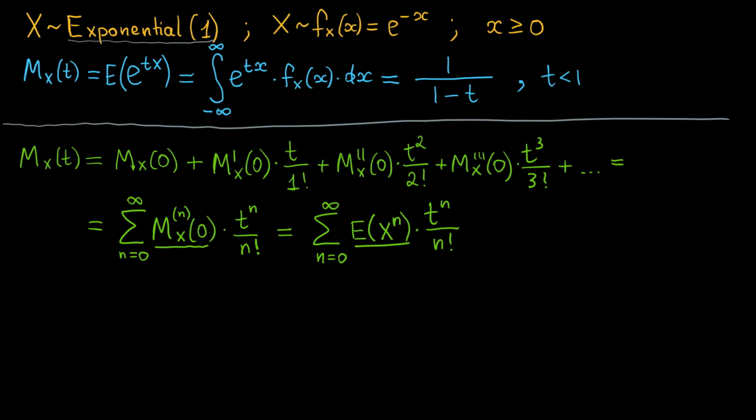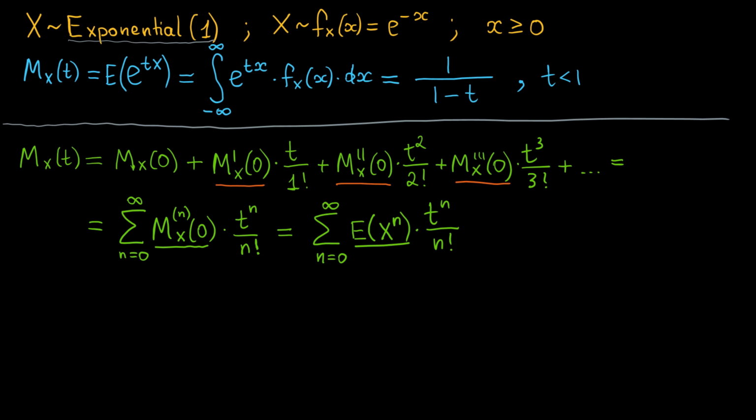Okay, so now in order for us to do this Maclaurin expansion for our moment generating function of the exponential, we'll need to find these terms: the first derivative of the moment generating function, the second, the third derivative, and so on and so forth.